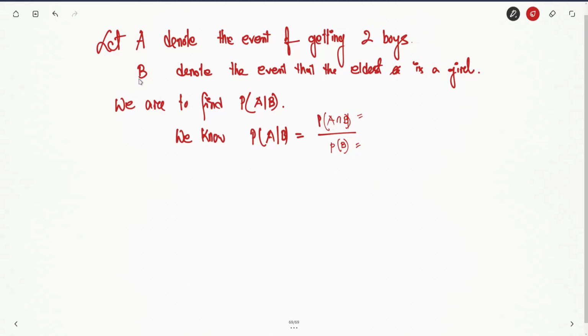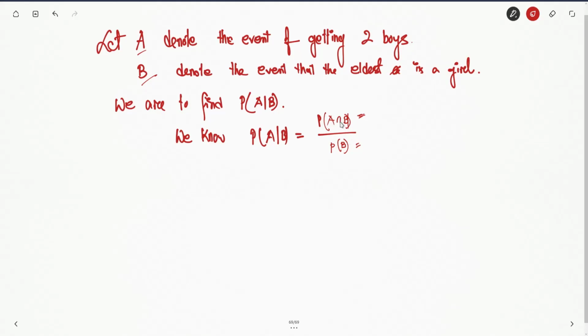Now what is probability of B? Probability of B is the probability of the eldest being a girl, right? So we need to find out the probability that in that family the eldest will be a girl. And what is A intersection B? It is the simultaneous occurrence of these two events: the eldest will be a girl and there will be two boys, right?